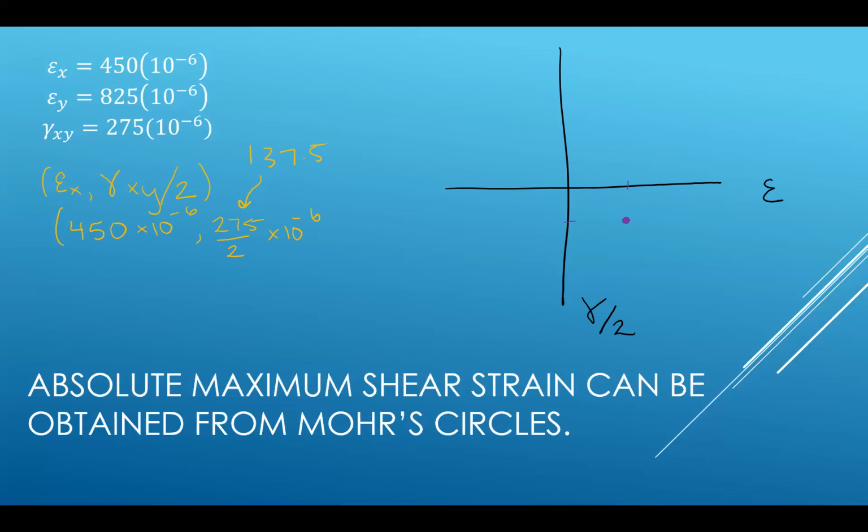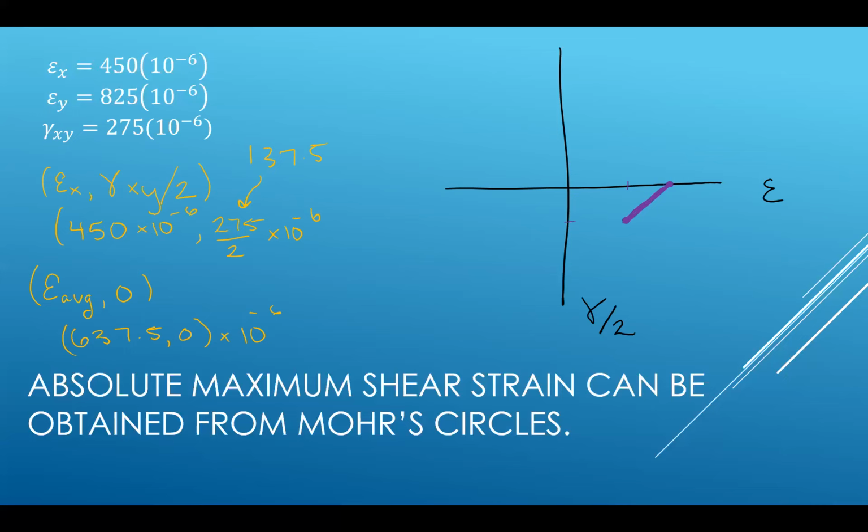Next, we need to look for the center of this circle. The center is going to be at the average strain, comma 0. The average strain here is 637.5, comma 0. Of course, those are both times 10 to the negative 6. So we will put that point approximately here.